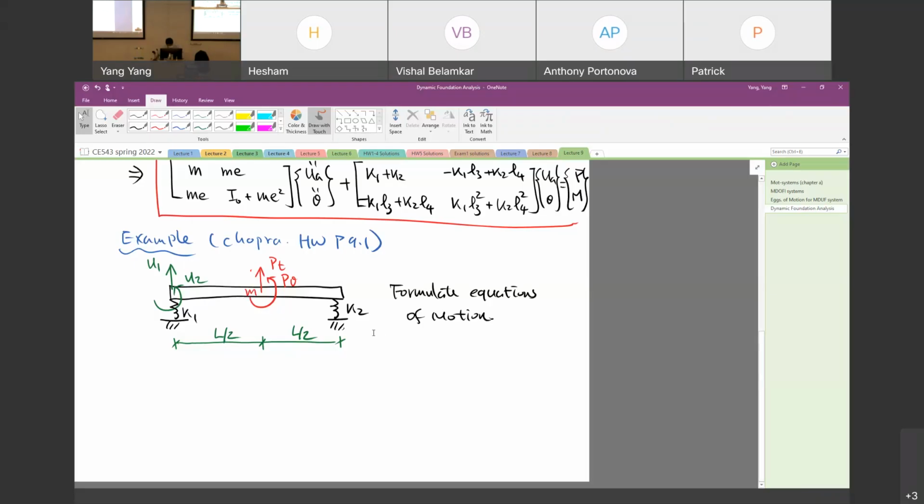So the mass is equal to m, concentrated in the middle of the uniform bar. What's the first step? Free-body diagram. We need to show the free-body diagram.